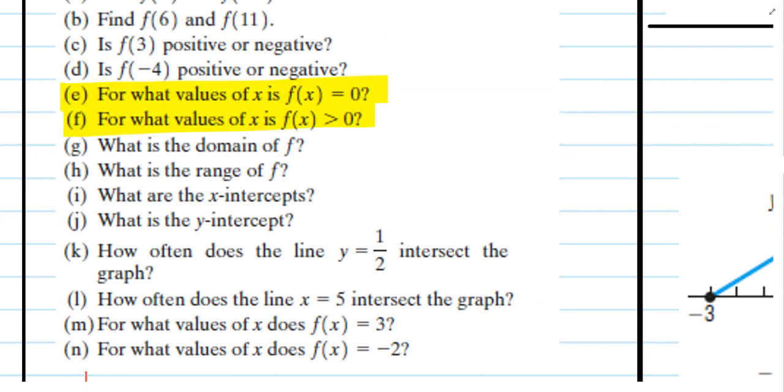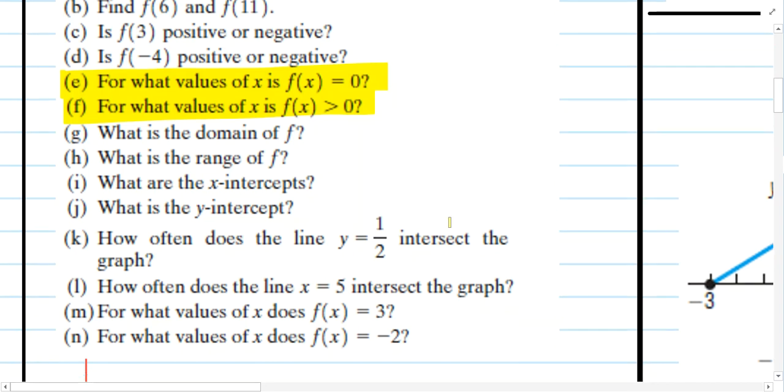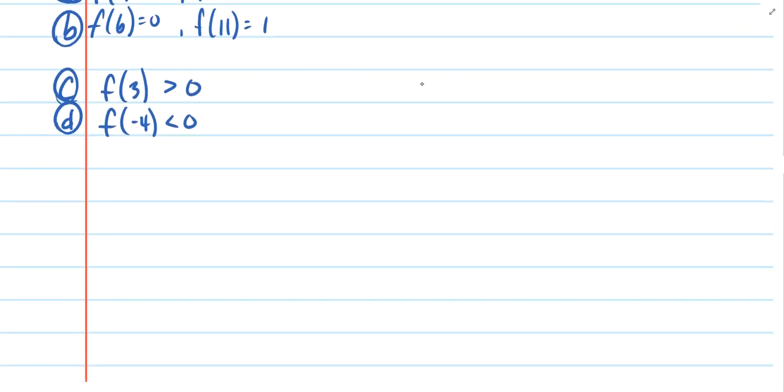For E and F, we're asked to find what values of x. Is f of x equal to 0? So when is the y value 0? What x values make the y value equal to 0? And what x values make the y values positive or greater than 0? Well, for question E, there are 3 spots where the function is equal to 0, and that's located when the x value is -3, +6, and +10.